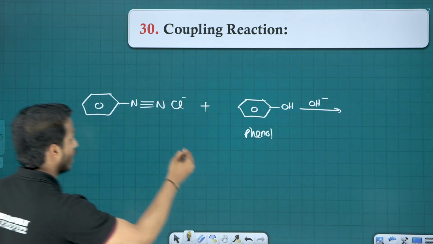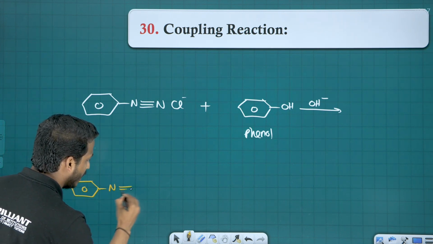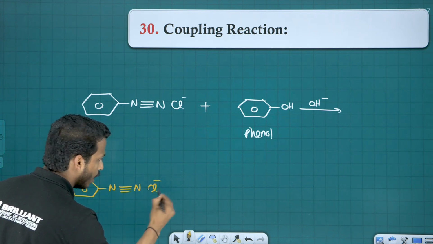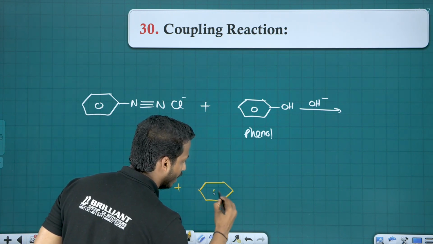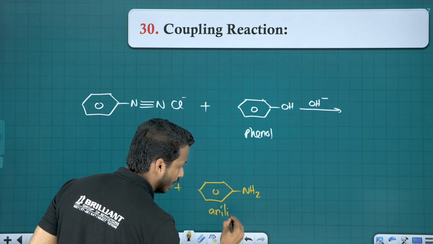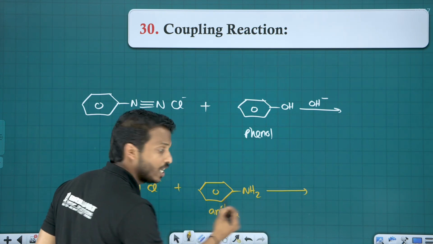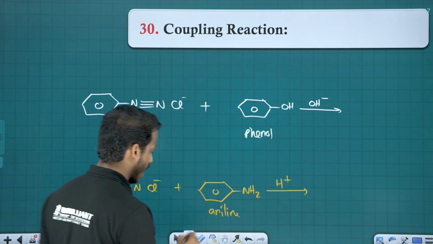Before going to the product, let me tell you the second reaction also. Take benzene diazonium chloride. This time I am treating it with aniline. The first is with phenol, the second is with aniline. Since aniline is basic, we are using an acidic medium. And how to write the product?